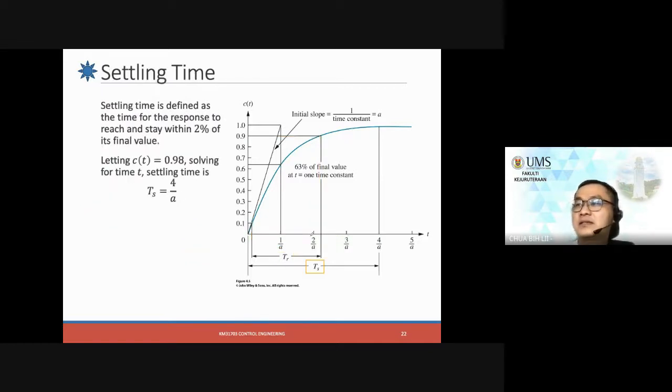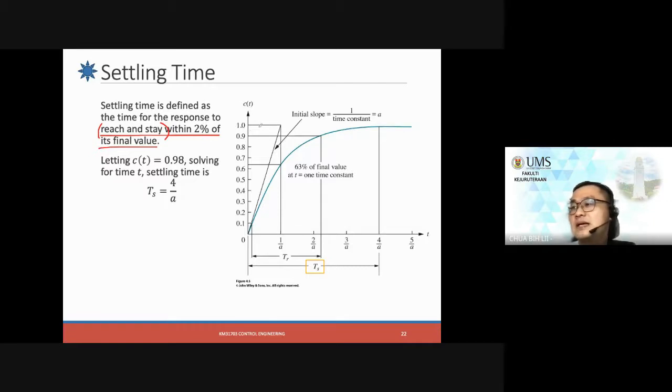The last specification that we would cover today is the settling time. Settling time refers to the time required to reach and stay within 2% of its final value. Remember, reach and stay within. Because this is a first order system, it doesn't oscillate much, so it's very straightforward.